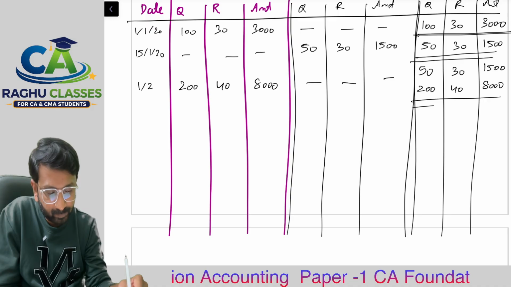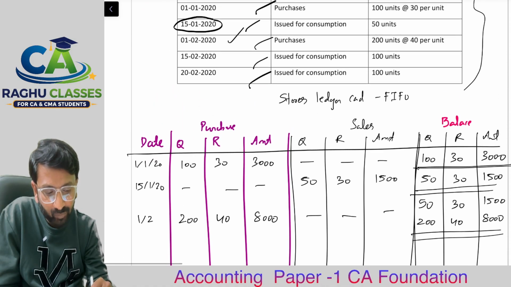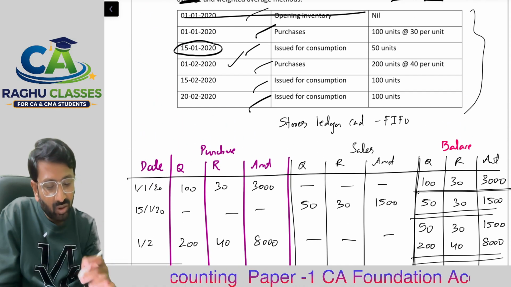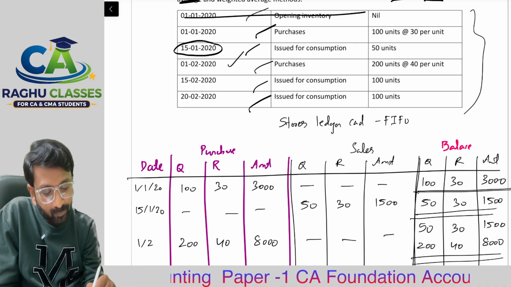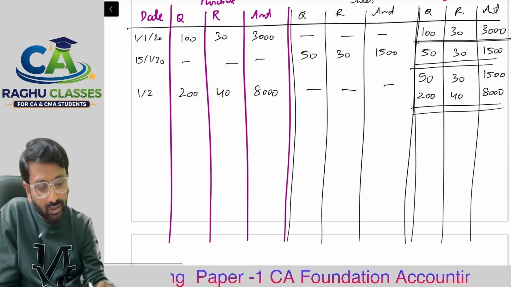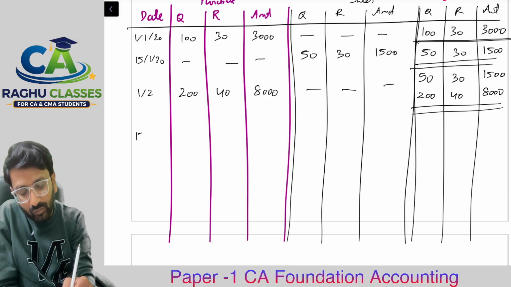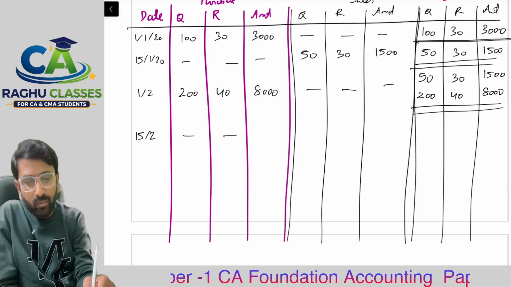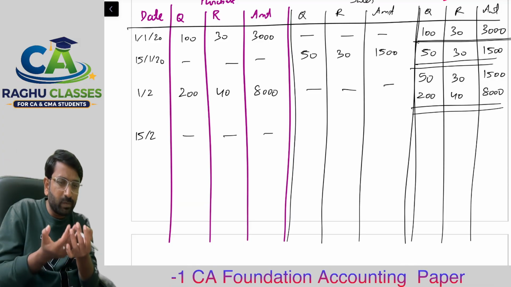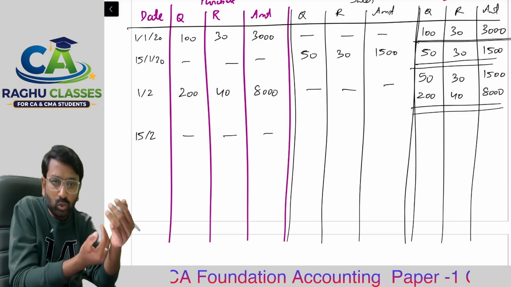Next, on 15th of February, issued for consumption 100 units. Now, in the FIFO method, our assumption is whatever is purchased first will be issued first.